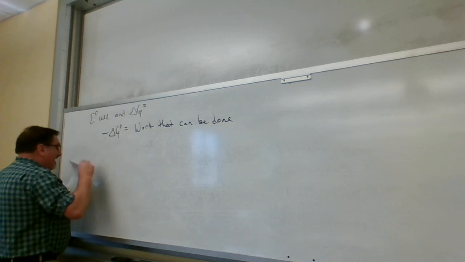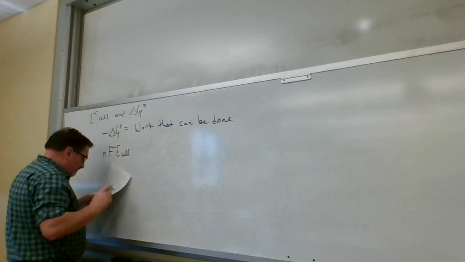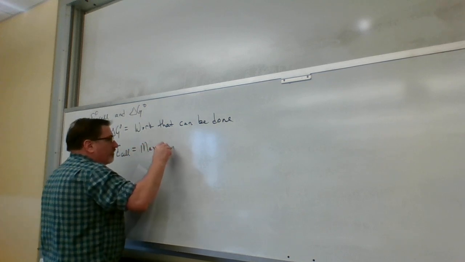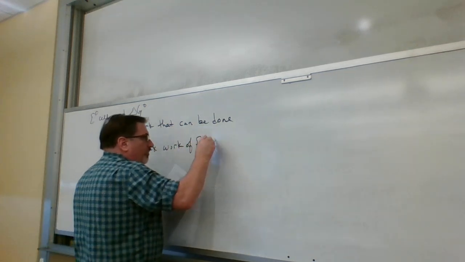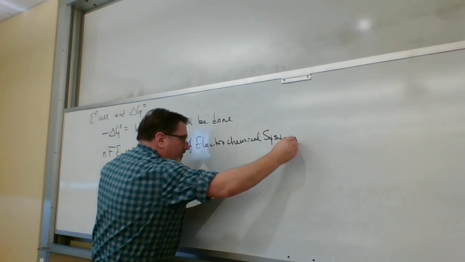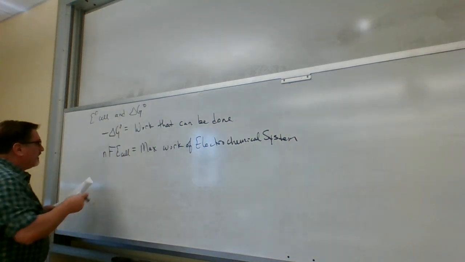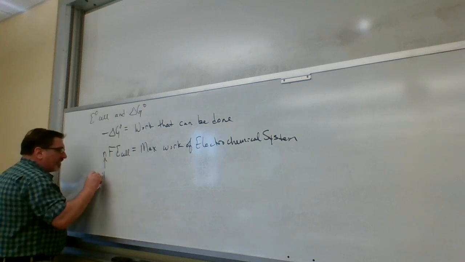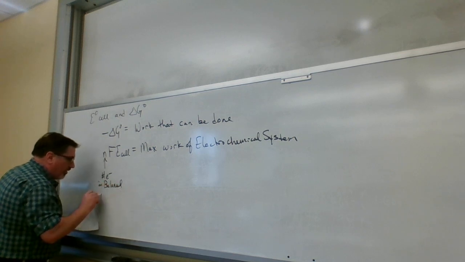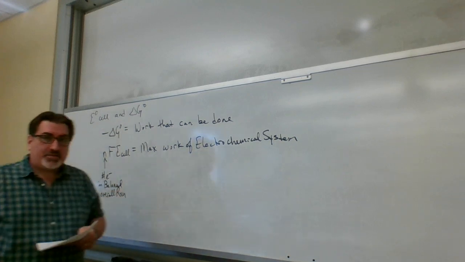And nF E cell, with a capital F, that's the maximum work of an electrochemical system. Now we've got to be careful how we look at this. n is the number of electrons in an overall reaction.